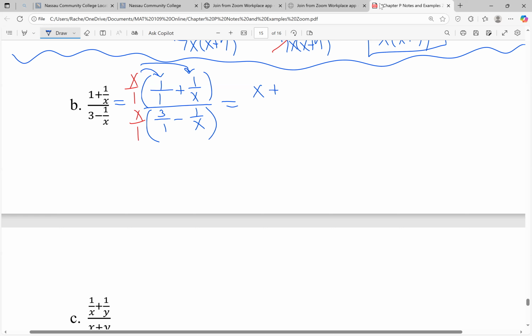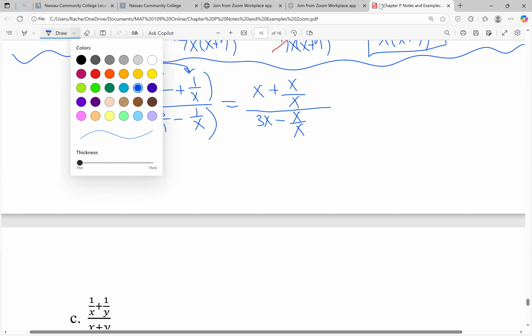And then plus x times 1, which is x, over 1 times x. In the denominator, if I distribute the x, I'm going to have x times 3, which is 3x, over 1 times 1, which is 1, minus, now distribute x to the 1, which is x, right? x times 1 is x, and then over 1 times x, which is x.